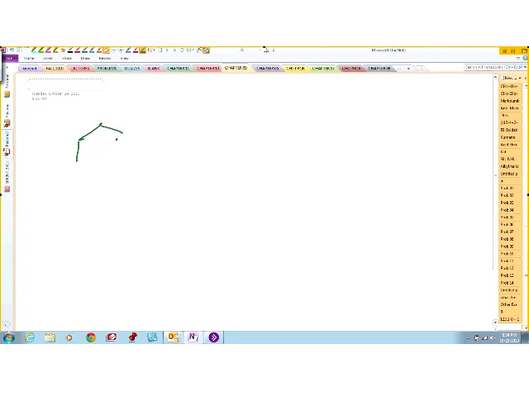For example, you cannot have an alkyne in a molecule like this. That's not possible because there will be too much bond strain.